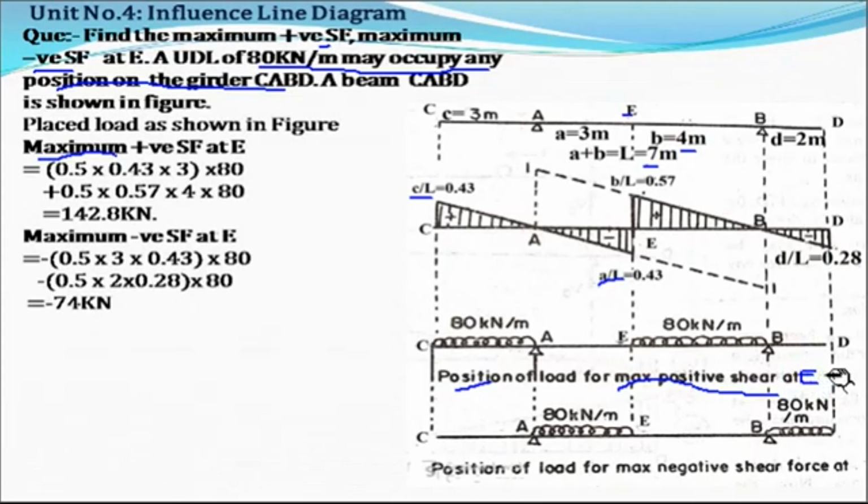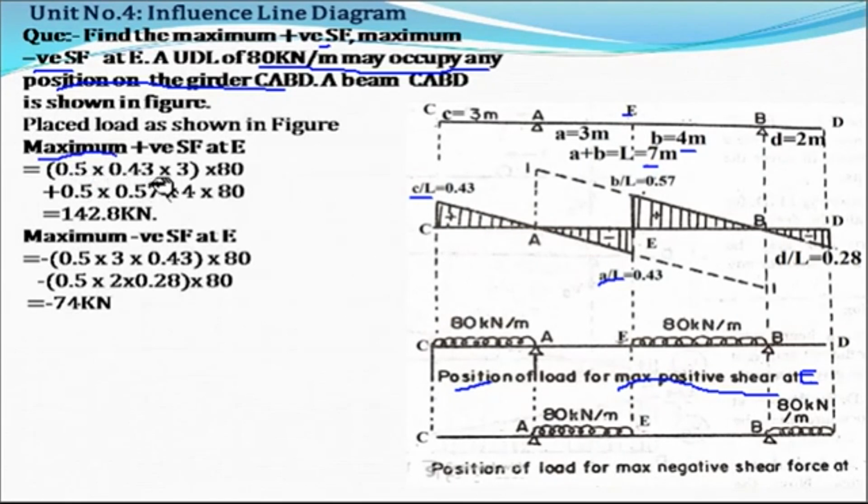Now as it is UDL, below the UDL you have to find out the area. So you have to find out the area of this triangle, multiplied by the intensity of the load. Area of this triangle is 1/2, base is 3 meter and height is 0.43.